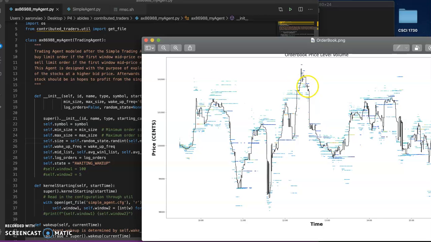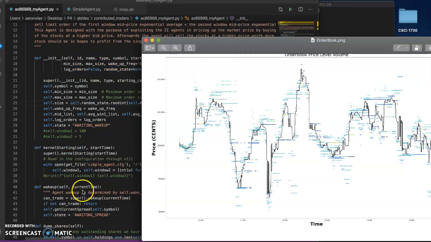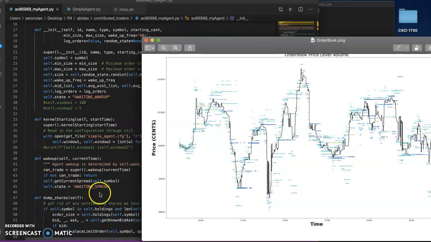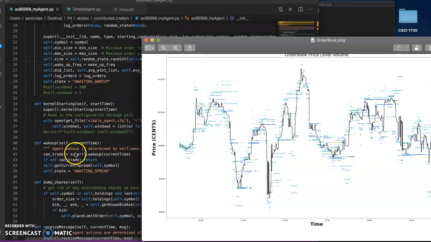That didn't work either, unfortunately, because again, I feel like it was probably due to the wake up frequency being way too frequent, so for there to be a significant difference between the previous and the current price level.